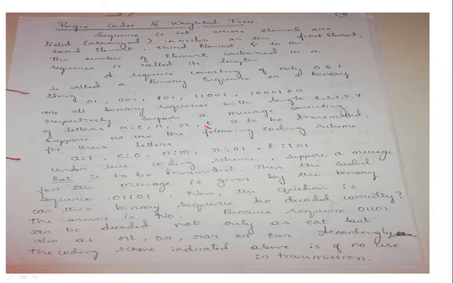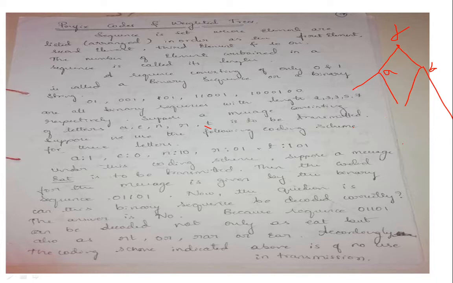Let us draw one diagram. So this is my root. This is A and this I'm going to represent as B. Further, I'll be drawing this one here and this one here.